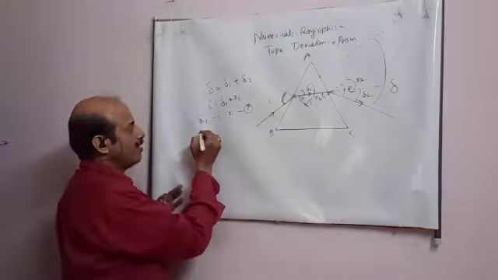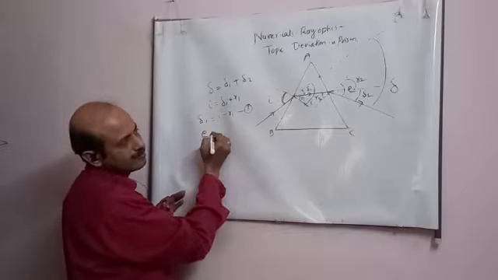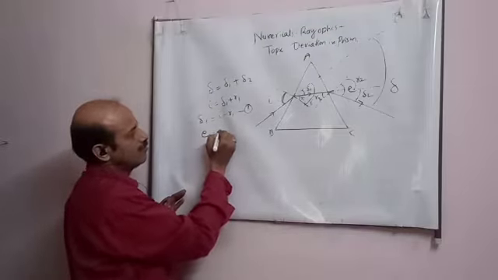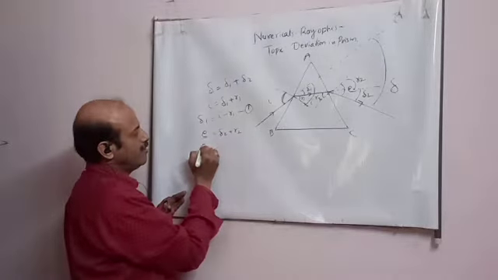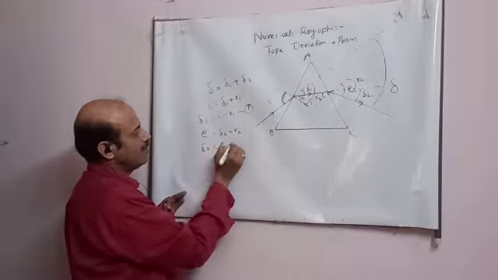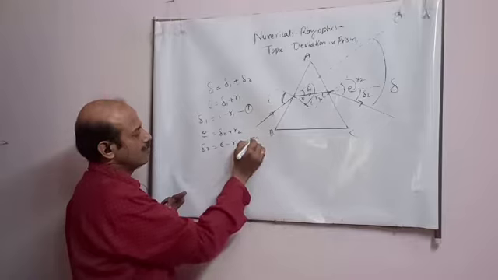Here we get angle E equal to delta 2 plus R2. From here, delta 2 comes out to be E minus R2, student.